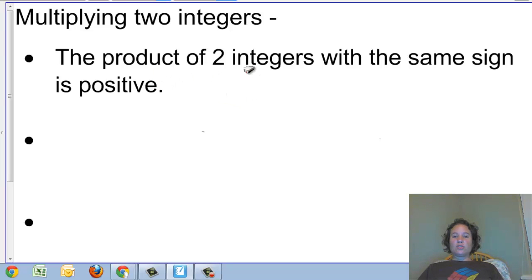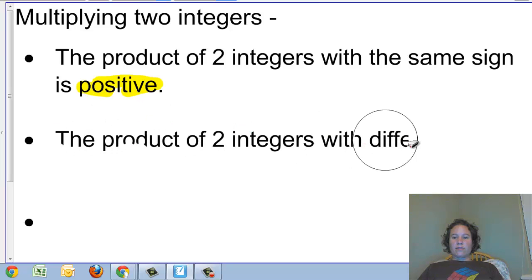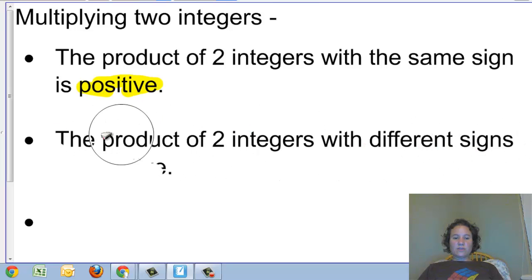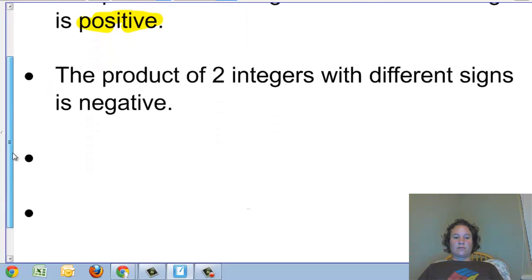So if we are multiplying two integers together with the same sign, that answer is going to be positive. If we have the product of two integers with different signs, that answer is going to be negative. So again, if the signs are different, the answer is going to be negative.